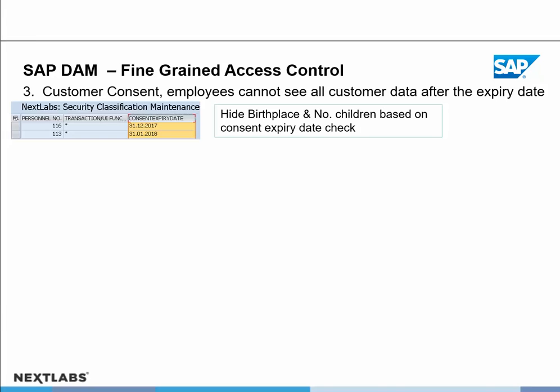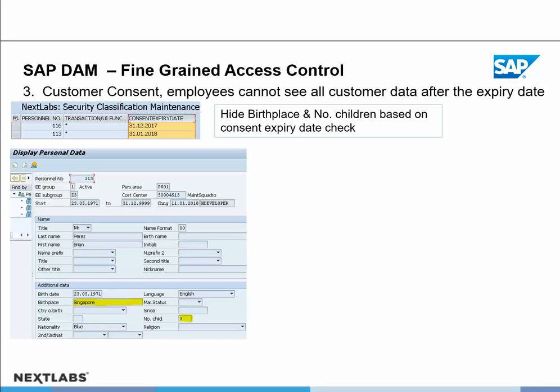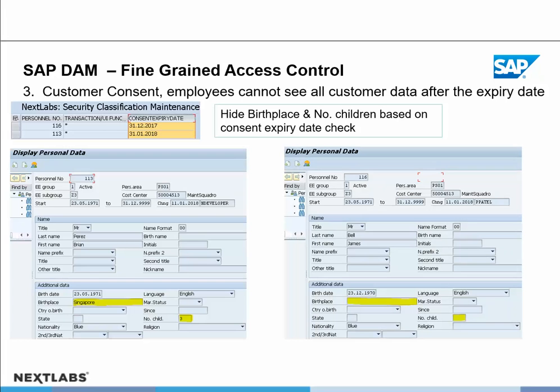So in this case, we have two different transactions, 116 and 113, with different consent dates for expiration, and based on those, they have the ability to see or hide the birthplace and number of children based on that consent date. So in the first scenario, we see that user's information is displayed. It shows the birthplace for that particular individual and the number of children they have. In the second scenario, those things are hidden because it's within that time frame that it's not allowed to be seen. So that information is then hidden.